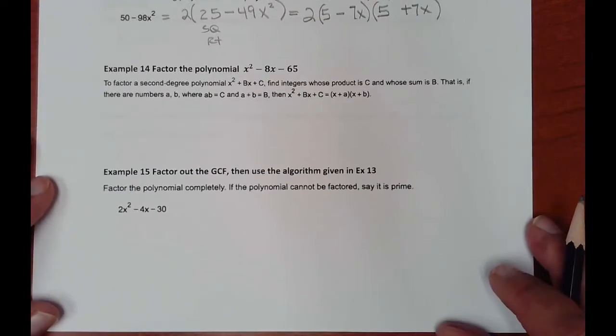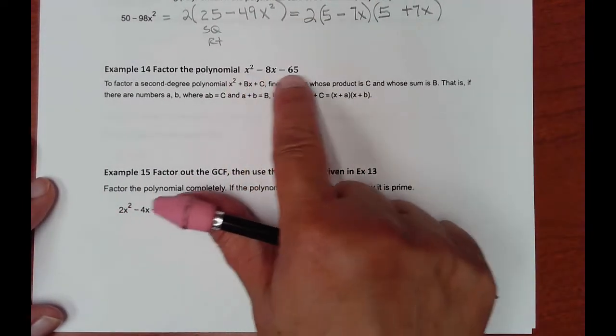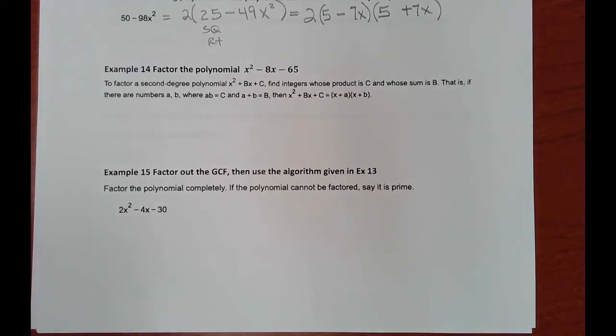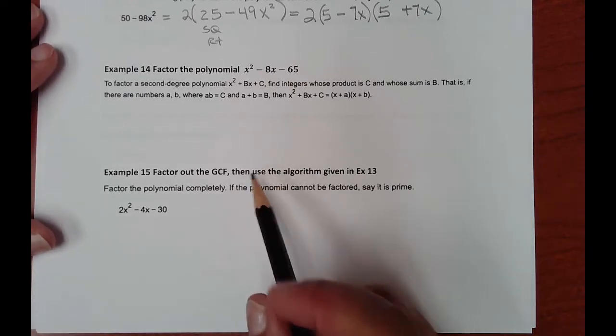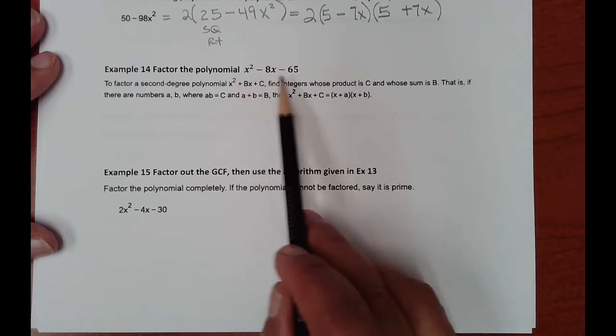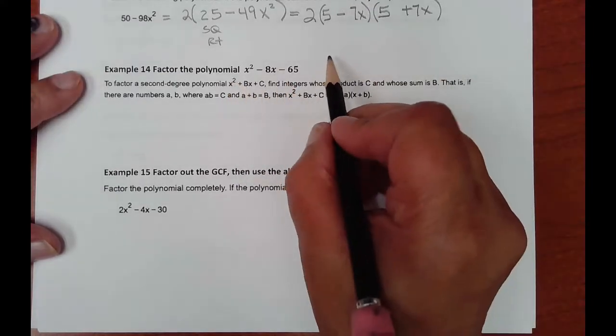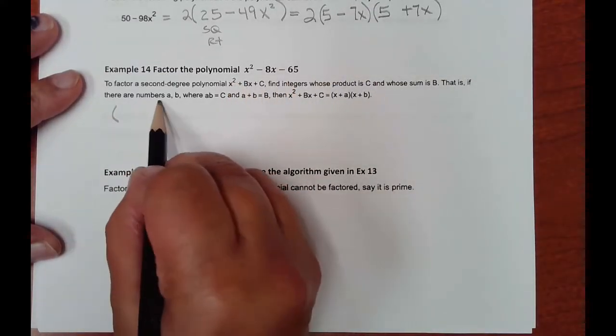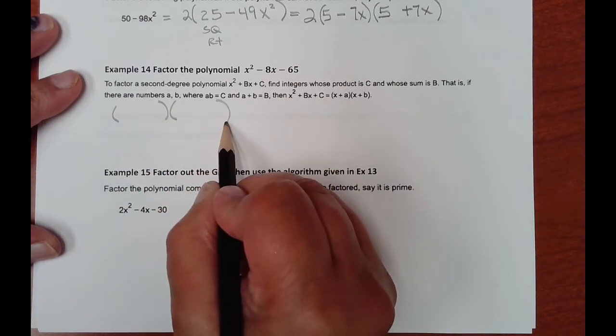Then we get into factoring trinomials. This is a trinomial, and there's a specific, this can be taught different ways, but this is a pretty typical way to look at it. An algorithm that's used for factoring this type of problem is that you're going to have 2 parentheses when you get done factoring.